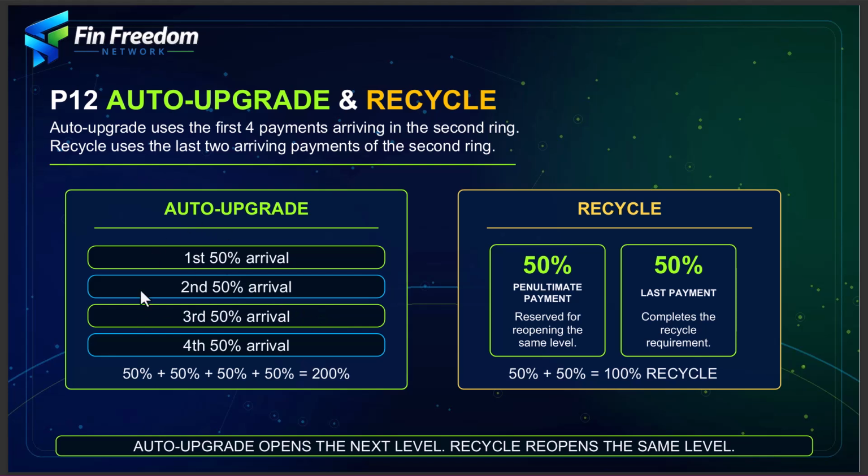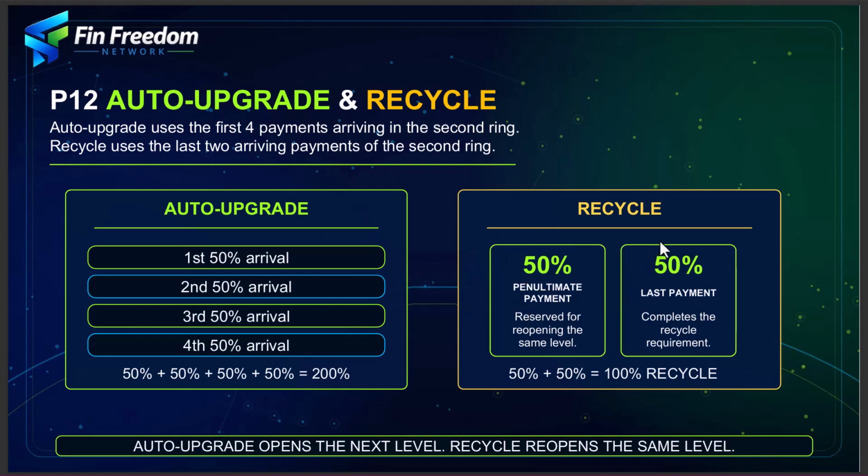If you are on level 2, you are moving to level 3. All right? Because you have earned 200%, which will now qualify you to move to the next level, which is level 3. Do you understand? For recycling, 50% from your first position, 50% from your second position will be reserved to automatically recycle your level with the P12 orbit.